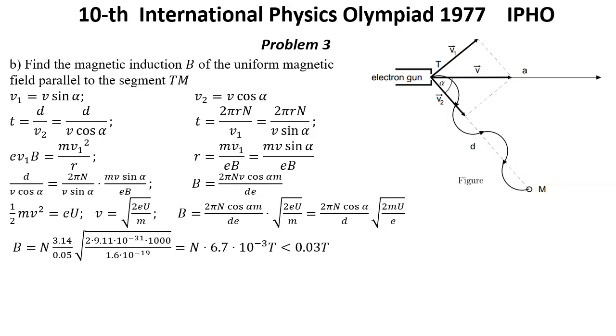And for each number we have a different magnetic induction. So for n equals 1 we have B1 equals 6.7 multiplied by 10 to the power negative 3 Tesla, etc., till 28.8 multiplied by 10 to the power negative 3 Tesla. That was the solution for question B.